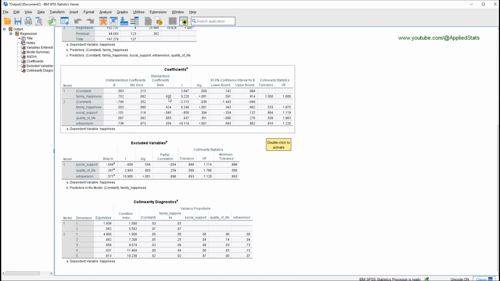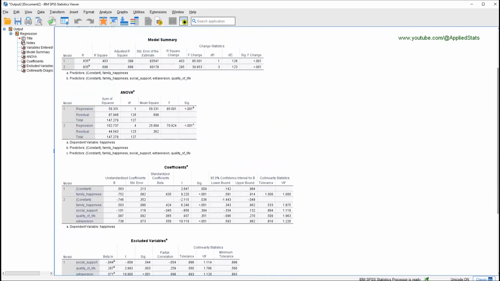The standardized coefficient was 0.63. And this is the confidence interval, which does not include 0. So you have a significant predictor here. Family happiness alone is explaining 40% of the variance in happiness. So it's a very good predictor of happiness.